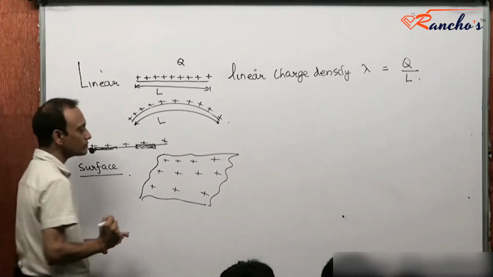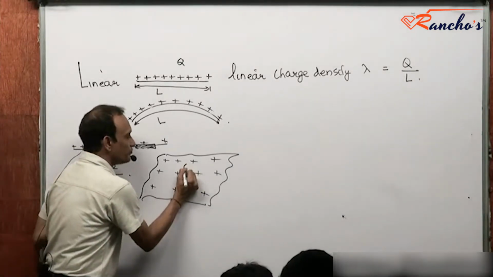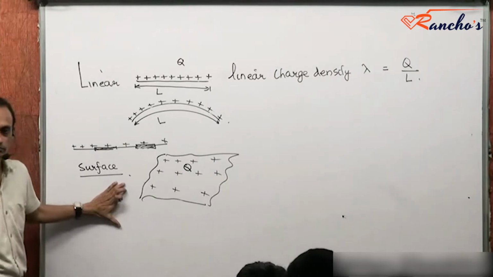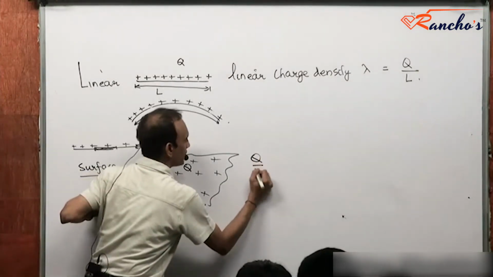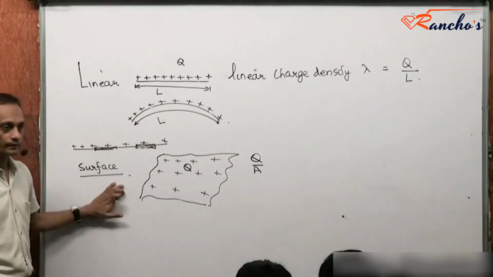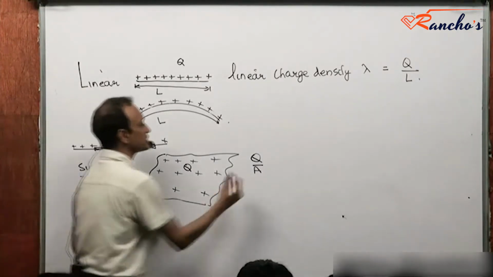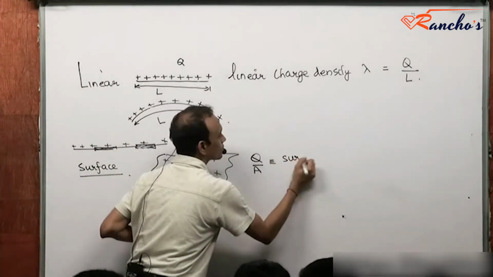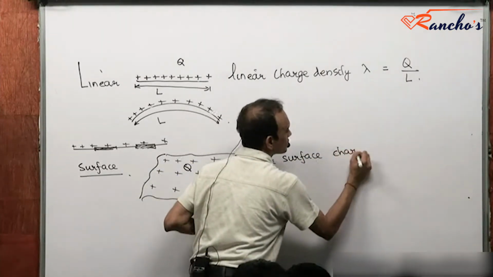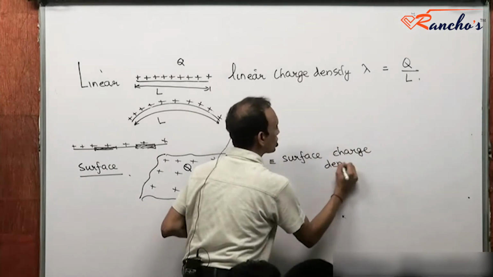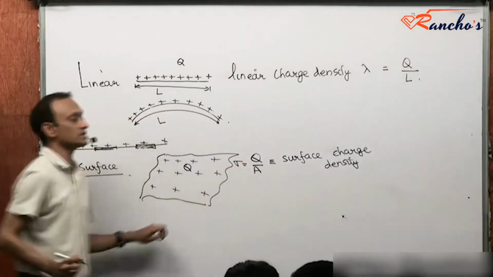Which means if Q is the total charge on this area A, then Q by A is called the total surface charge density. And it's designated by the symbol sigma, surface charge density.